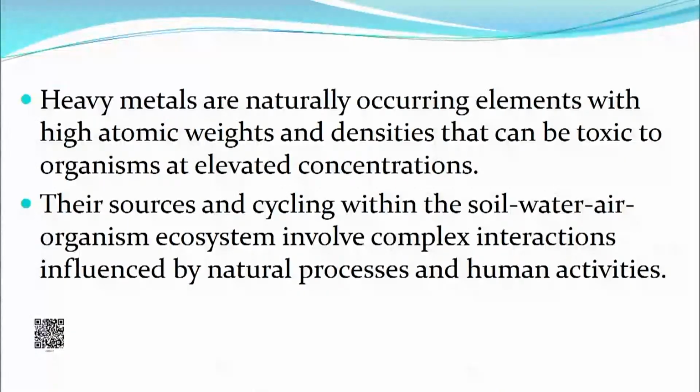So heavy metals are naturally occurring elements with high atomic weights and densities that can be toxic to organisms at elevated concentrations. Their sources and cycling within the soil, water, air, organism ecosystem involve complex interactions influenced by natural processes and human activities.